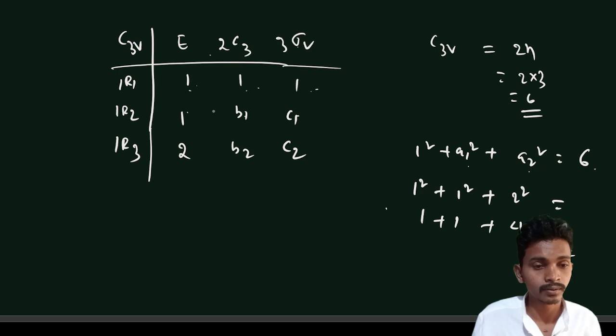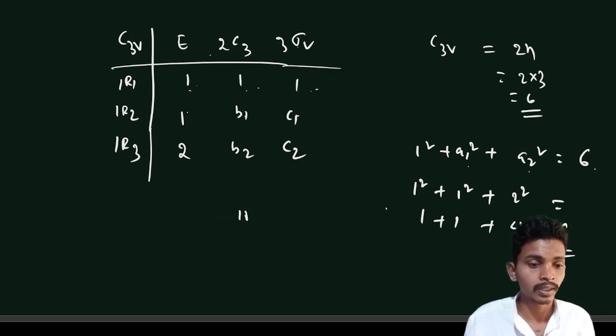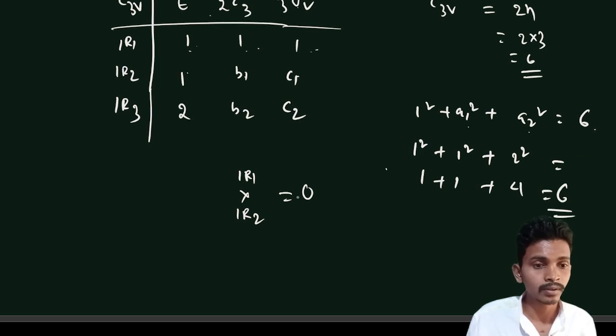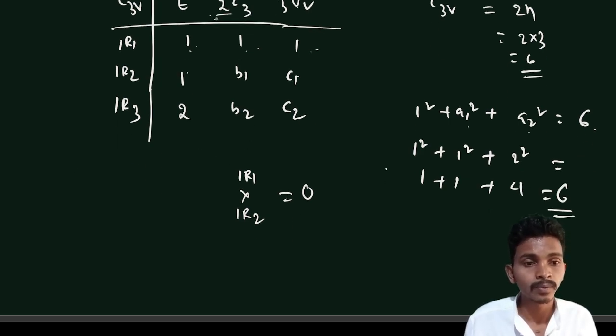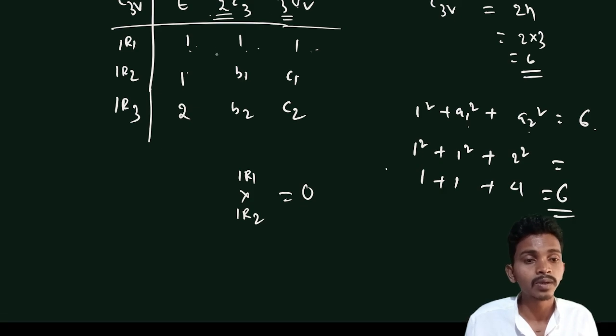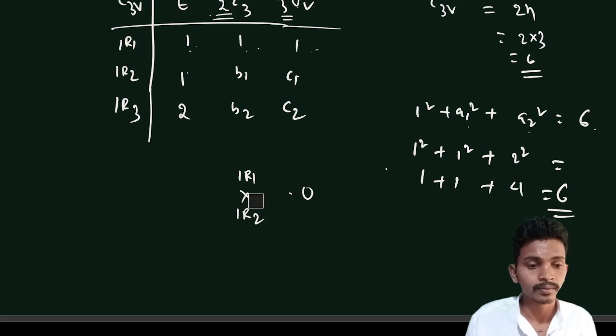So I can write IR1 into IR2 is actually 0. Here the coefficient is also there, so we have to multiply by the coefficient, only once. So what I'll do: 2 into IR1, the characters, let's say 1 into B1.